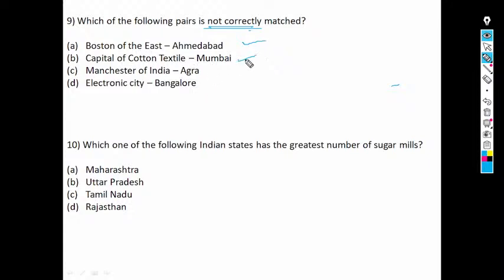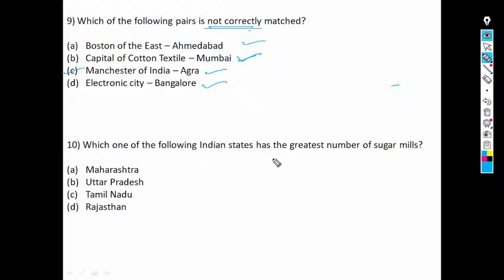Then Manchester of India, it is Agra. Electronic city, Bangalore. Which one? The answer is, Manchester of India is Agra. We'll discuss it. It is not correctly matched. The rest are correct.